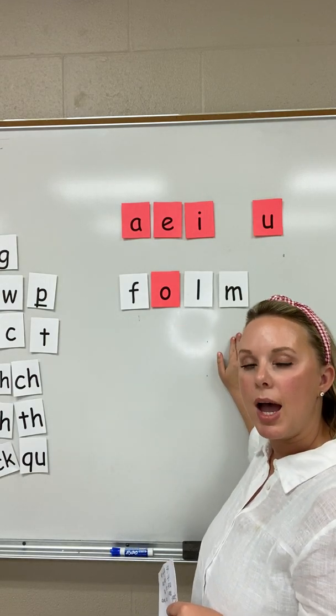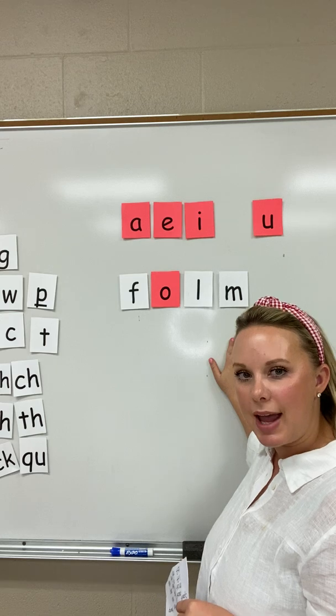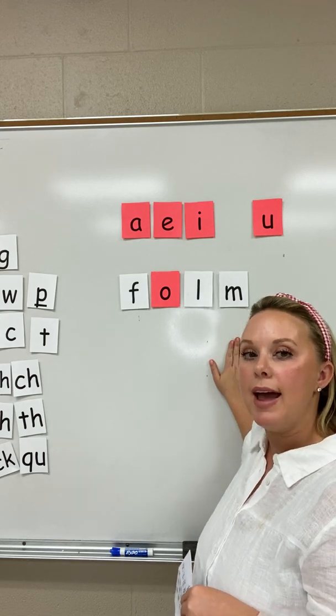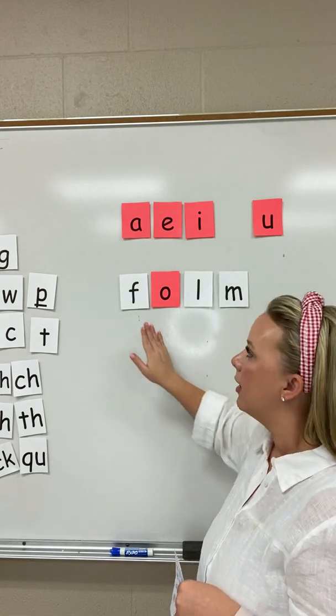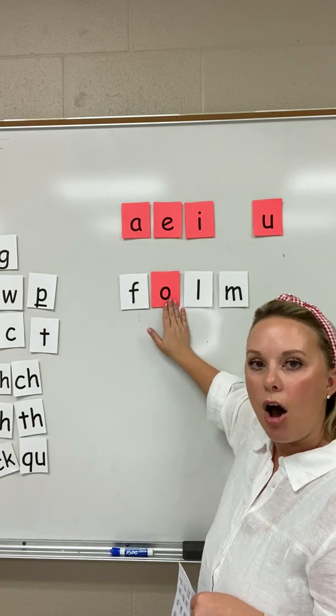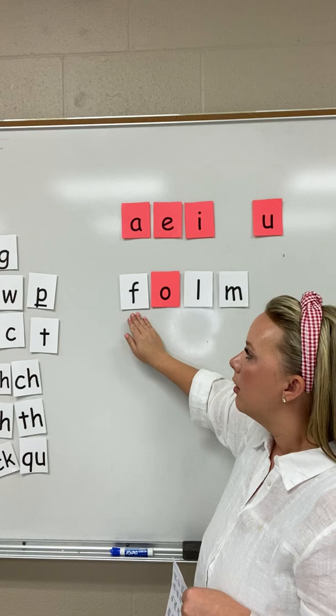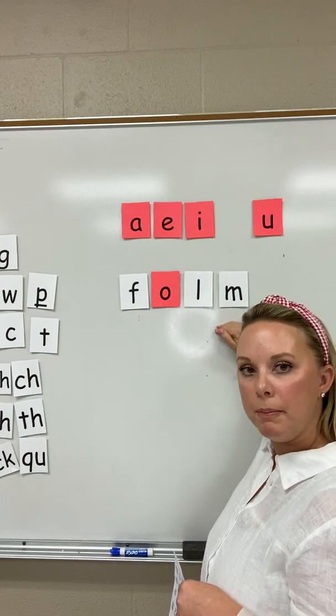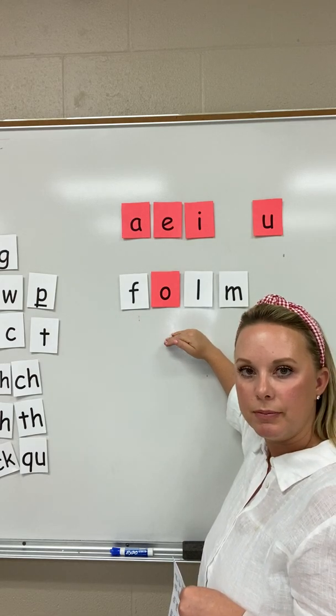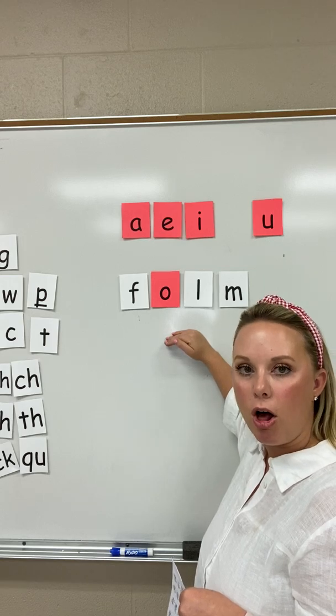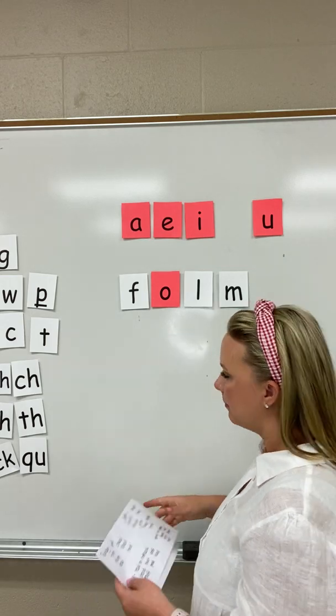F-O-L-M. I'm going to touch and say each individual sound. I will read it slowly and then fast like a real word. Falm. That word is falm. Let's do another.